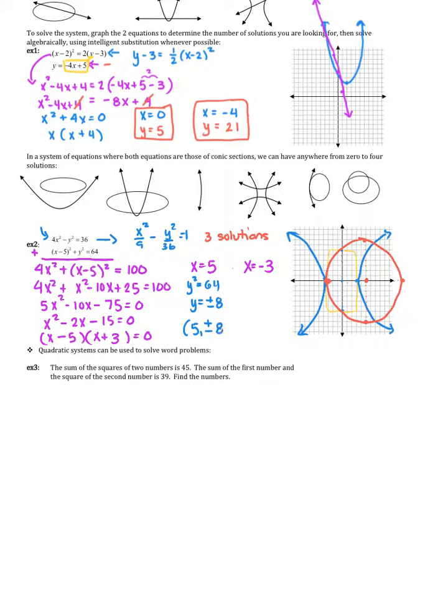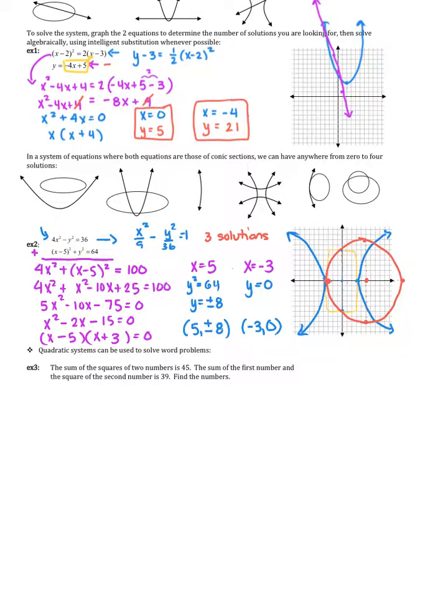So we have 5 and plus or minus 8. And when x is negative 3, I have 4 times 9, which is 36, so y squared equals 0, which means y equals 0, and that also shows on the graph.